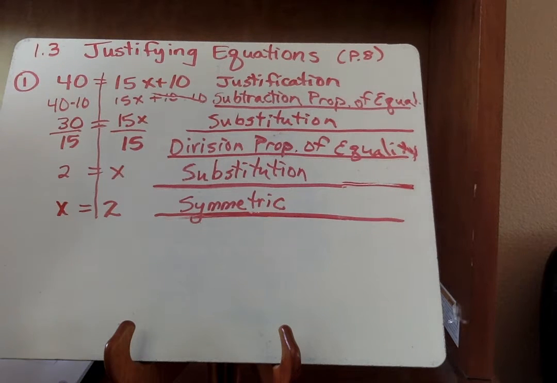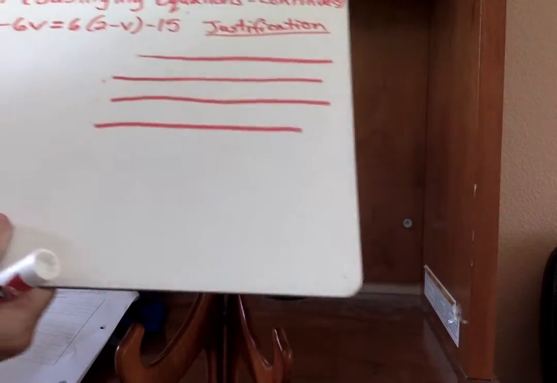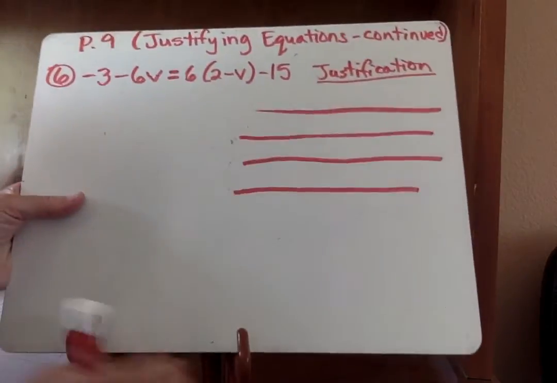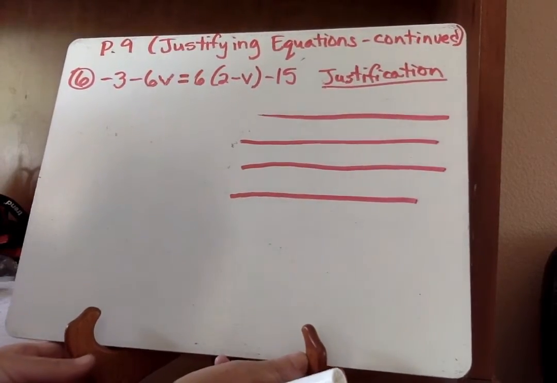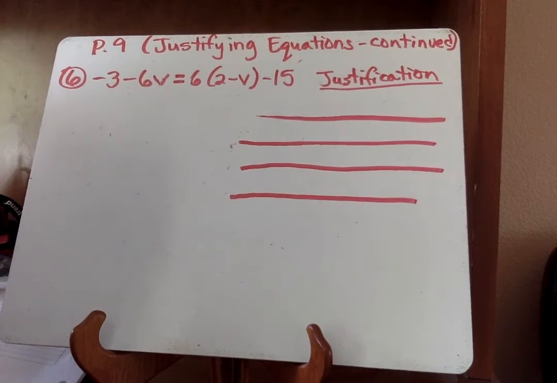Next, as in math, as it always does, it's going to get a little bit harder. So we go on to page 9. So now we're given this, I've decided to do number 6, a little more challenging. And I'm going to solve it and justify each step, because before we did the solving and you had to do the justification, and now we're forcing you to do both.